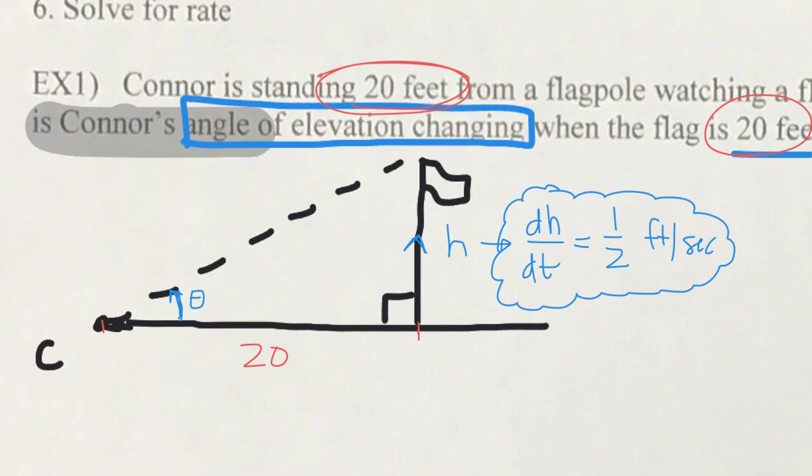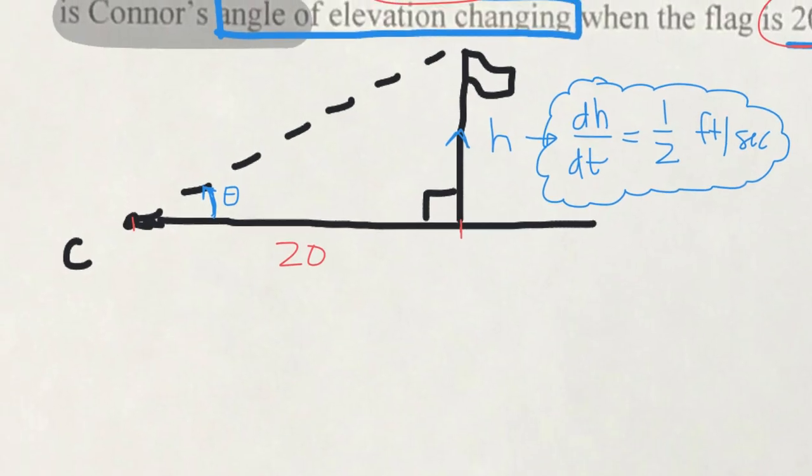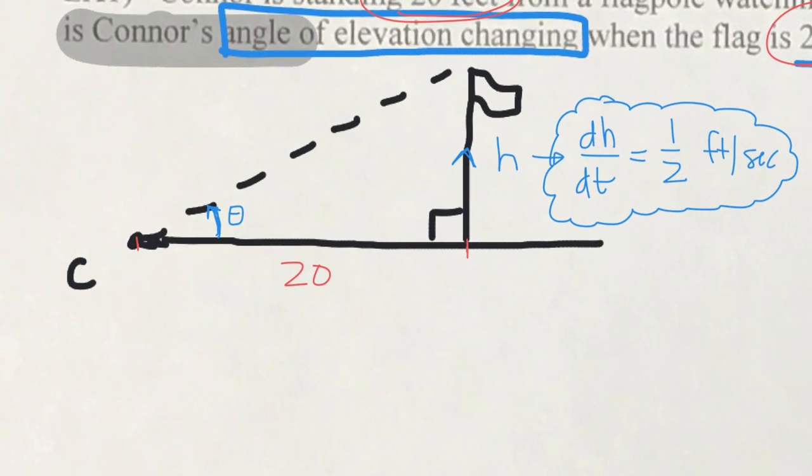So let's start here. What sides of our angle do we know? 20 is the adjacent side, and H is the opposite side. Very good. So which trig function relates the opposite and the adjacent side? The tangent does.